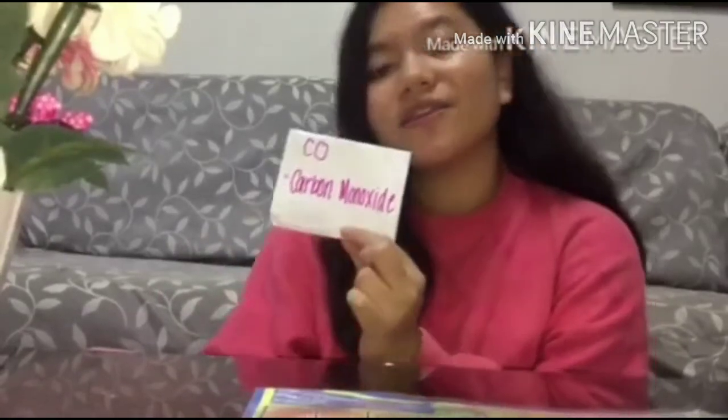So hi guys, today I will be teaching you how to write chemical formulas of compounds. Compounds have two types, which are ionic and covalent. For today I will be teaching you how to write chemical formulas in covalent.